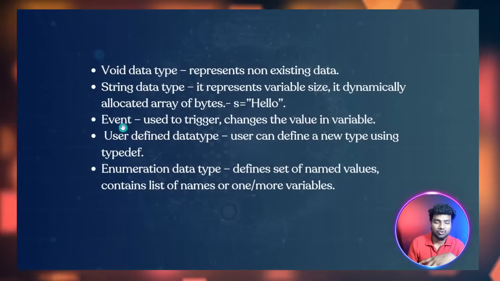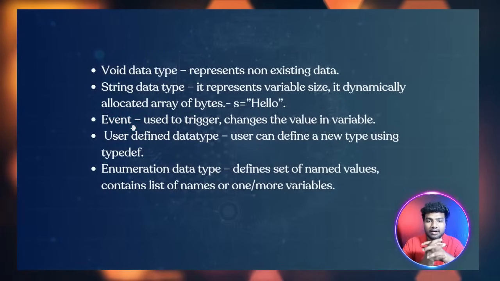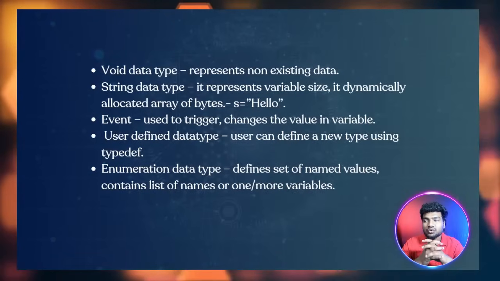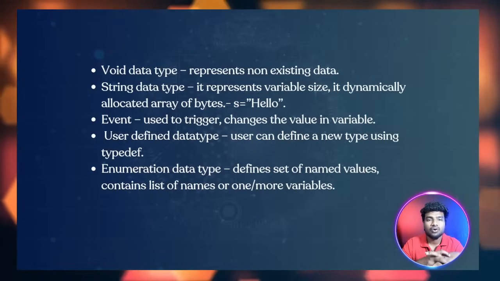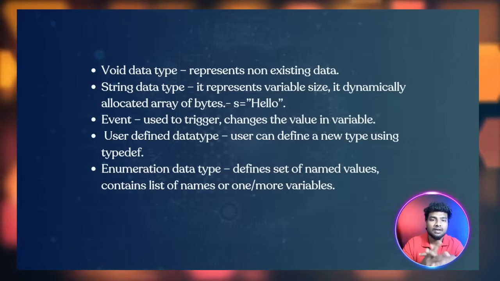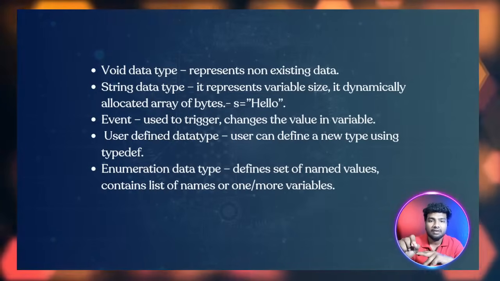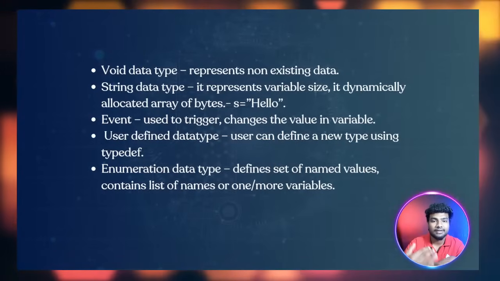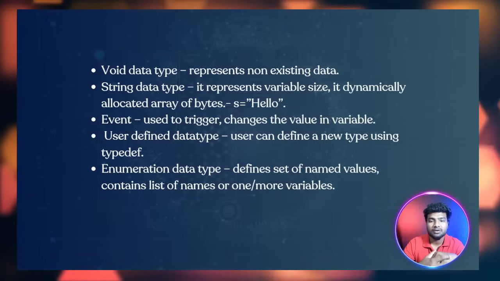Event is also one data type we have in SystemVerilog. It is used for triggering. How it works: if you write some code with an always block, always at the positive edge of the clock, then whenever the edge occurs, the always block will execute and do whatever is written inside it. So we are triggering.